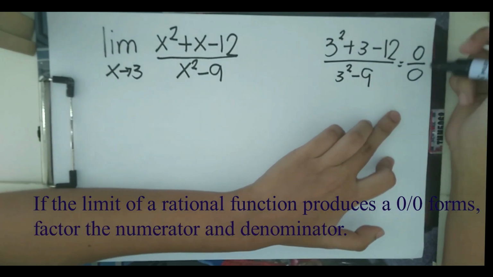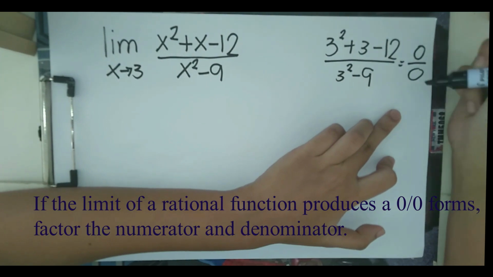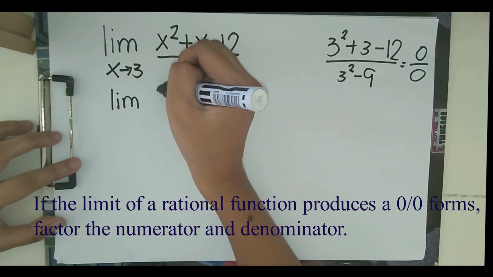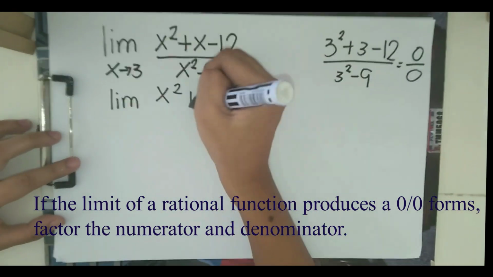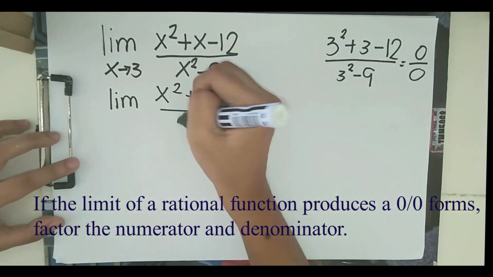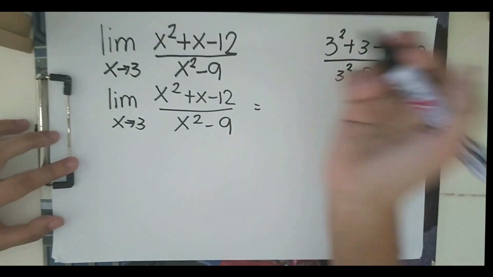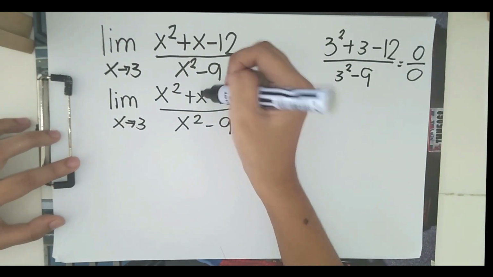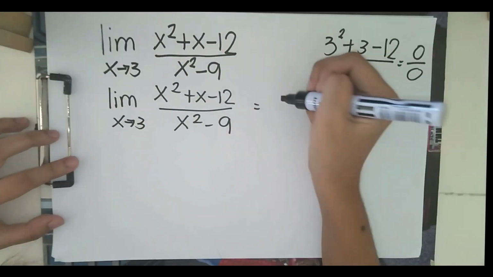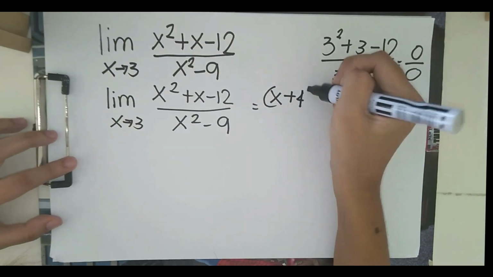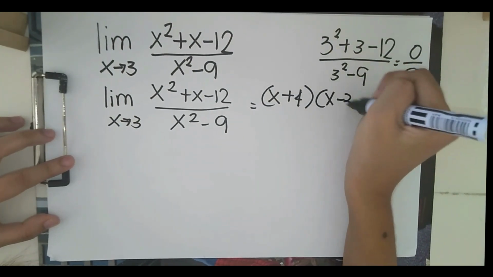It means that if we come up with 0 over 0, then we factor the numerator and the denominator. The limit of x squared plus x minus 12 all over x squared minus 9 as x approaches 3. What's the sum equal to 1 and the product negative 12? It is x plus 4 and x minus 3.